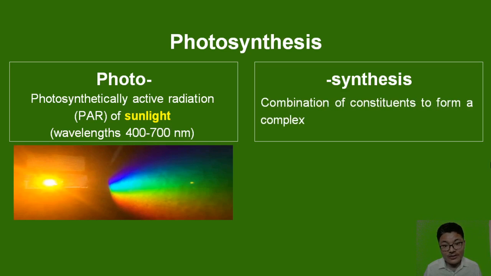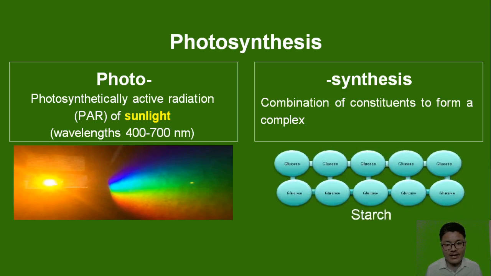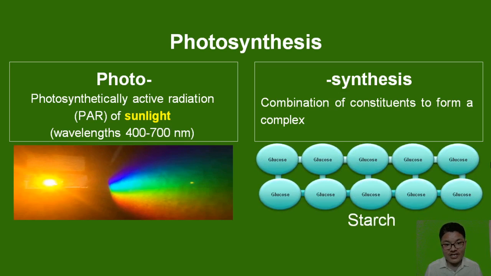Synthesis here refers to the formation or combination of different components or constituents to form a complex structure. We know that starch is a complex structure formed by many glucose units. Starch is a polysaccharide formed by linking many glucose units in a linear chain and in a branching chain as well.